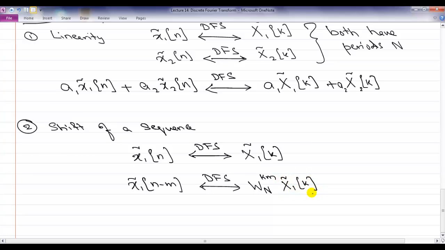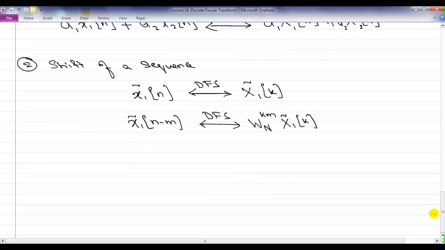Okay. Again, rather simple, just by doing a change of variable in your original definition of your Fourier series, you will get back your answer. So we won't be trying to prove that.